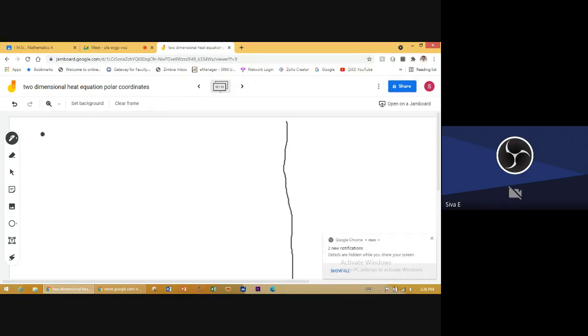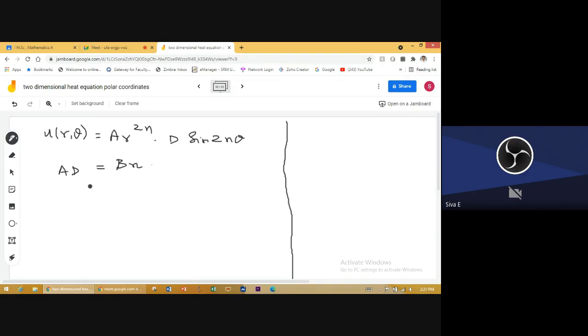when B is 0, u of r comma theta equal to A r power 2n into D sin 2n theta. You can take that AD equal to some Bn.